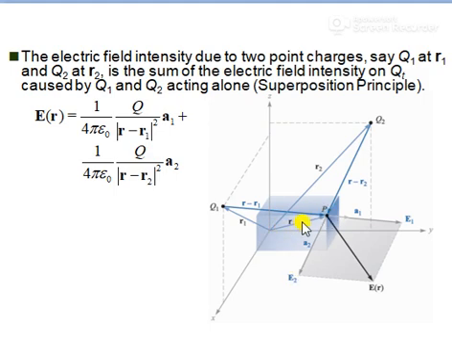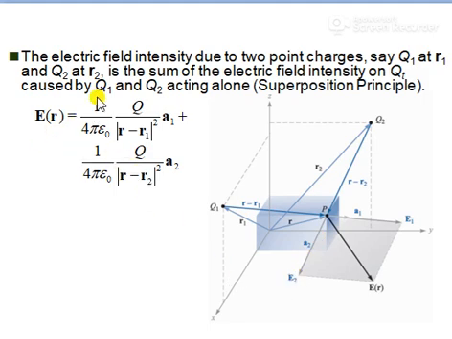From the origin the position vector is r, and we have r minus r1, r minus r2, and the field components E1 and E2.